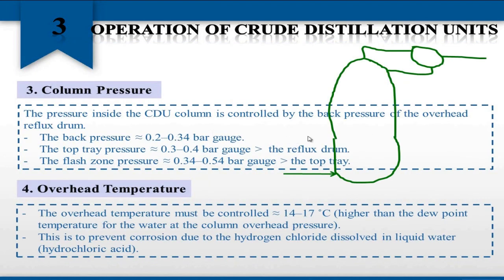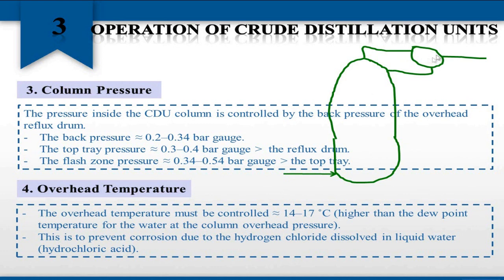Now come to the column pressure. The pressure inside the crude distillation column is controlled by the back pressure of the overhead reflux drum. For design, the overhead drum pressure is estimated first.